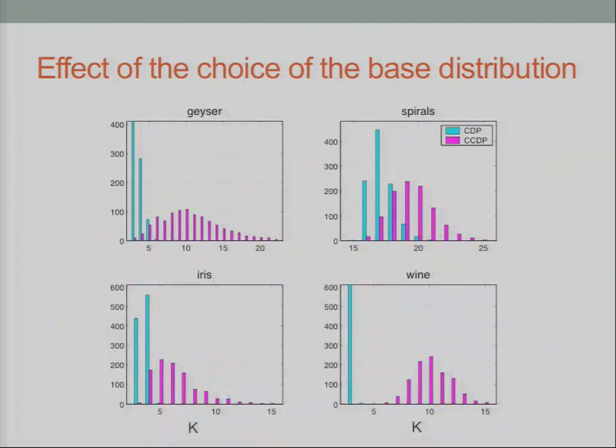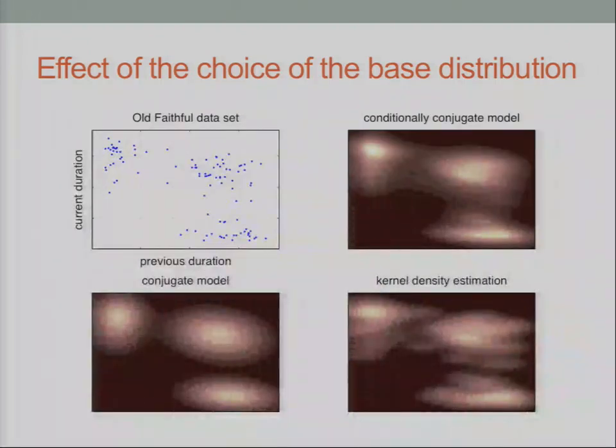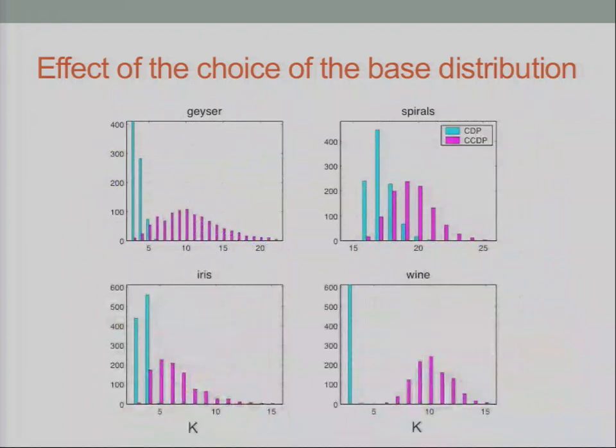These are the statistics for this data set, which is here. Basically comparing the conjugate model and the non-conjugate model. These are different data sets, so you can see why the difference comes about, right? So the conjugate model tends to use a lot fewer components. It's a lot more conservative in the number of components it uses as opposed to the non-conjugate model.